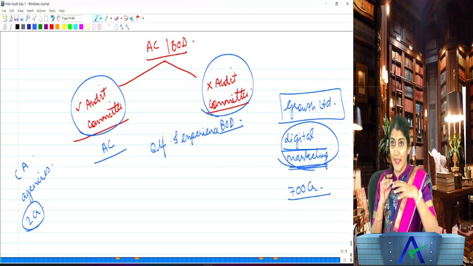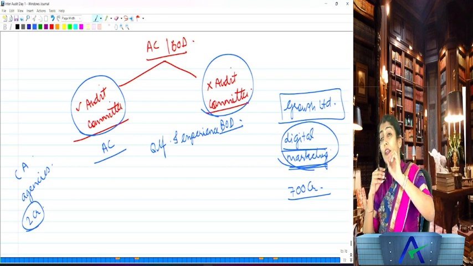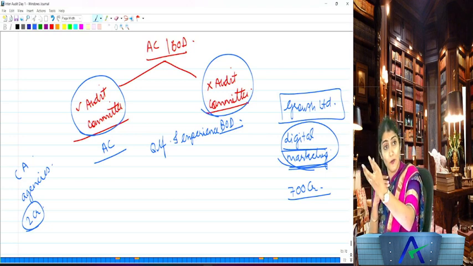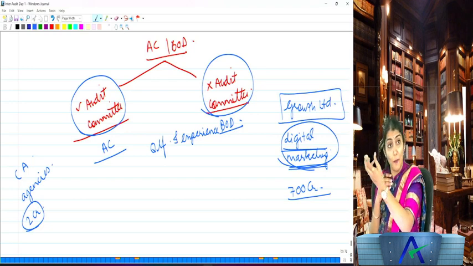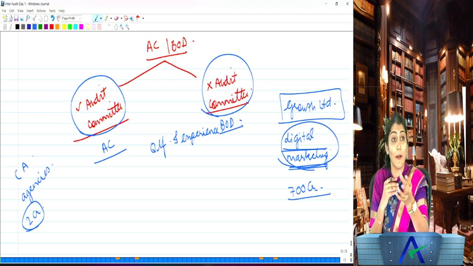You understand? So they have done the audits of others. Like see, can one CA do the audit of ICICI Bank? Can that same CA, I'm saying one CA, do the audit of Tata Motors? Can the same CA do the audit of Mahindra also? Can the same CA do the audit of any other manufacturing and automobile company also? Yes. And it's not like the Competition Act is applicable.